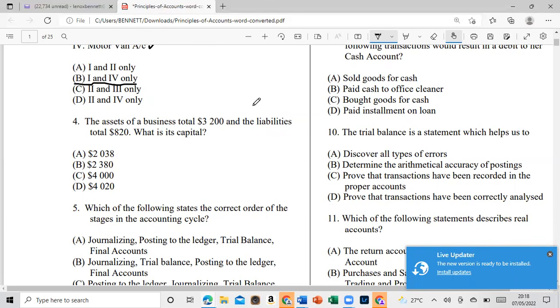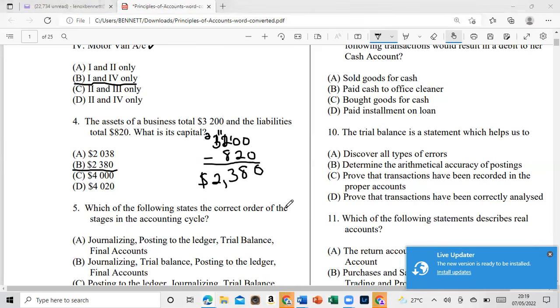So we could do a subtraction: 3,200 minus 820. So you just have to remember that capital is the assets minus the liabilities. Assets are what you own and so forth. Guys, just remember you must know these key terms. As I say, they are key terms.